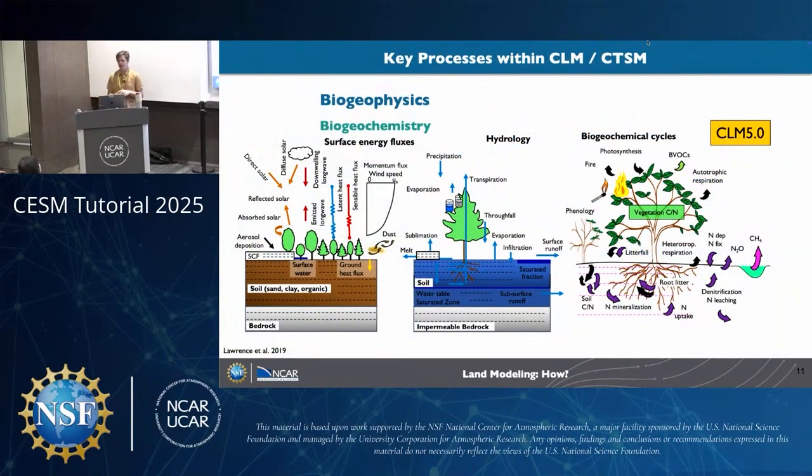This is kind of the canonical drawing. Dave Lawrence wrote the CLM5 overview paper, which was published in 2019. If you really want to get into the details, I'd suggest that you go either to our GitHub page, which has a lot of this information in the tech note and user's guide, as well as Dave's paper, which documents the key features of CLM5, which is what I think you guys are using.